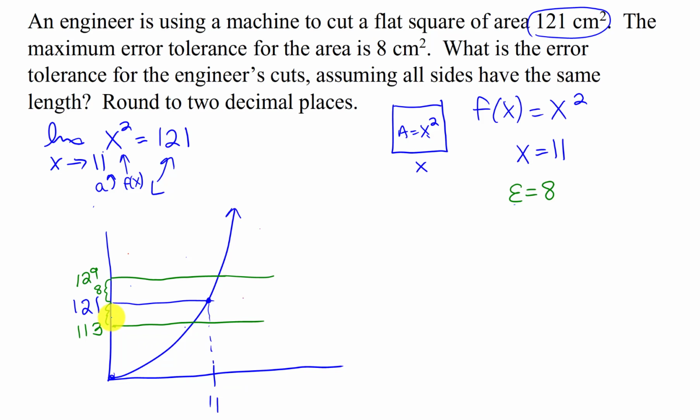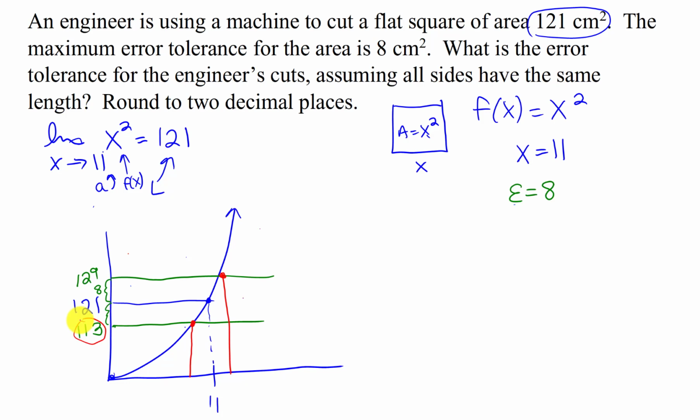And so what does our delta need to be? How close to 11 do we need to be so that we are going to be within this epsilon of 8 when we find the area? So let's go ahead and look here. This would come down like this, and this one right here, and we're not to scale, so we're going to compute those. If I was at 113, what is the x value there?